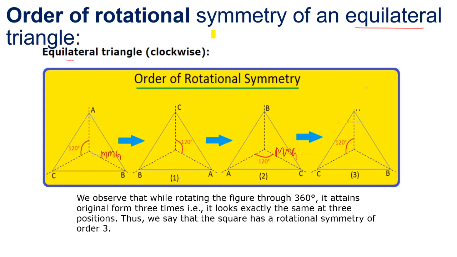Children, in an equilateral triangle, all the sides are of equal length. So here you can see this shape and this shape are matching with this shape. So your order of rotation symmetry in an equilateral triangle is 3. And after a 120-degree turn, it gets its original shape from the original position.